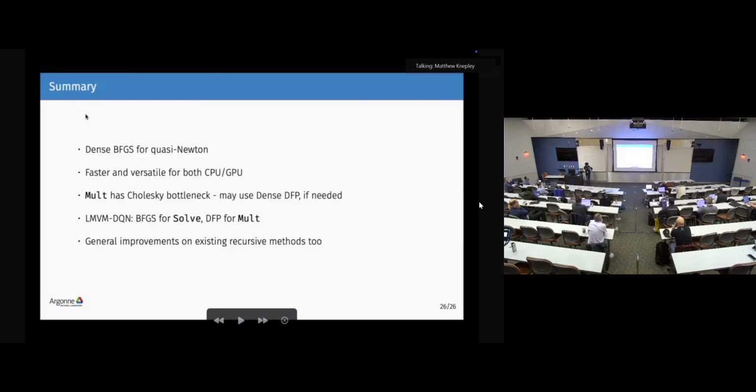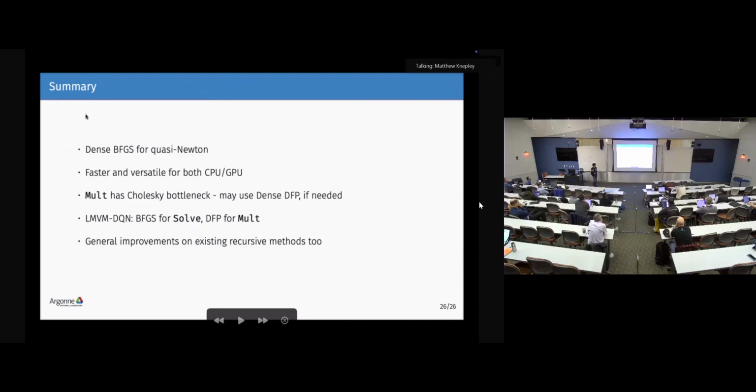Okay, so to summarize, we implemented a dense BFGS for quasi-Newton. It'll be MAT-LMVM DBFGS, and it's fast and versatile for both CPU and GPU. Even though we had GPU improvements in mind, it turned out that it works very well for CPU too.